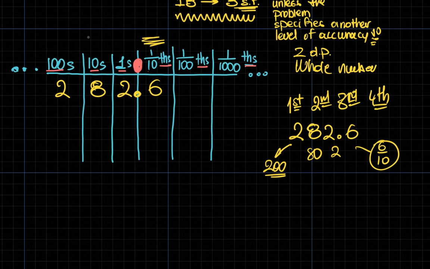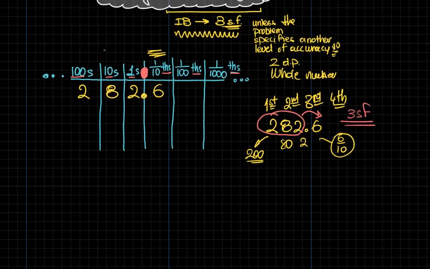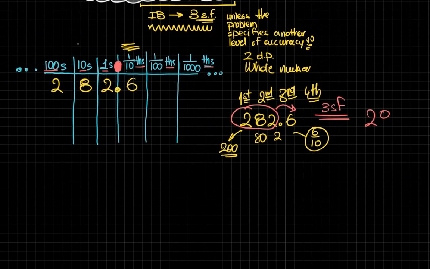So if I was about to round this number to 3 significant figures, I will circle the first, second, and third significant figure, and then check what happens with the next one outside the circle. Because that number is a 6, what I have inside the circle is going to have to go up by 1. So the answer to 3 significant figures, rounded, would be 283. And that's the final answer.